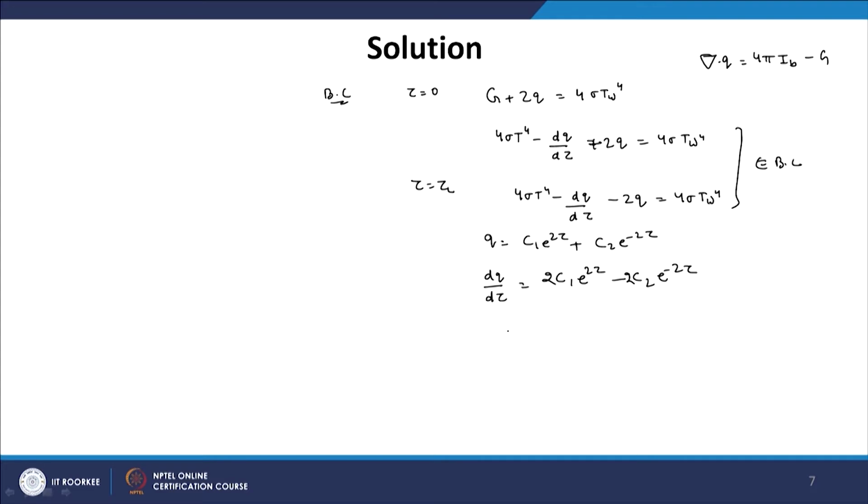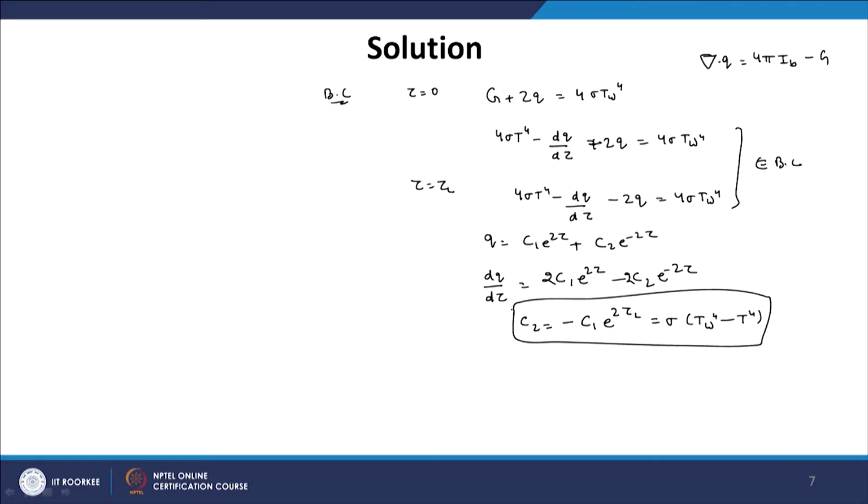C2 is equal to minus C1 e power 2 tau L, and this will be equal to sigma T w power 4 minus T power 4. So, this is the expression for the unknown coefficients C1 and C2. C1 and C2 are related, and the value of C2 is sigma T w power 4 minus T power 4.